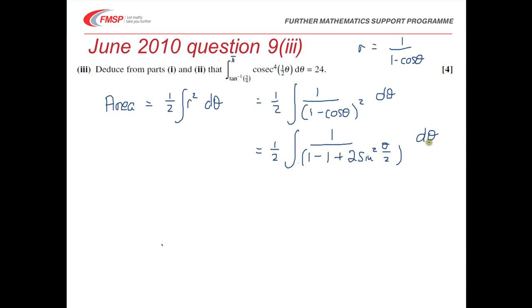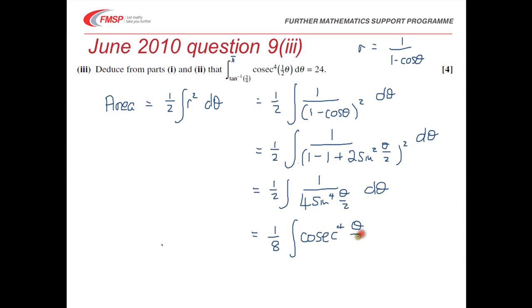And now we're integrating with respect to theta. And those ones, of course, go out. That'll be squared. Put that in. So the ones cancel out, and we end up with 2 sine squared theta over 2 all squared, which is 4 sine to the power of 4 of theta over 2 d theta, which of course is 1/8. That's taking all the fractions outside here, the 4 and we've got the half already, and that of course is cosec to the power of 4 of theta over 2.